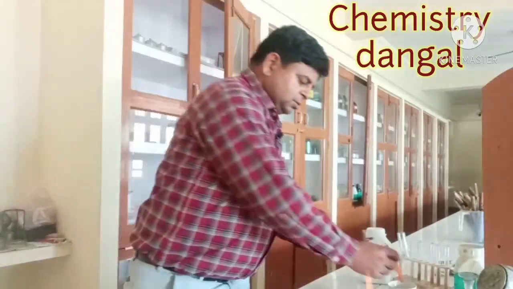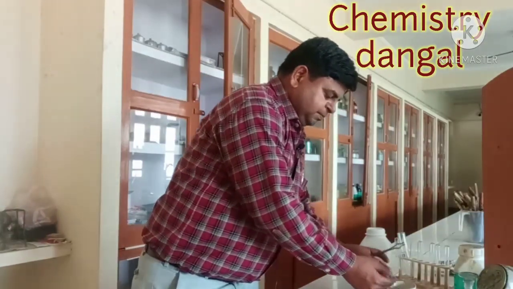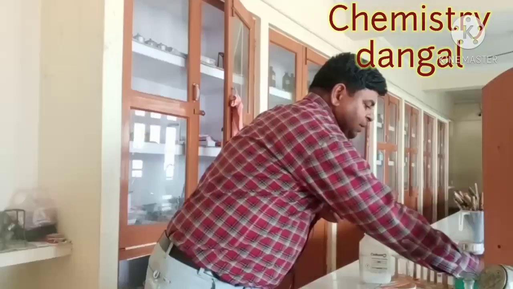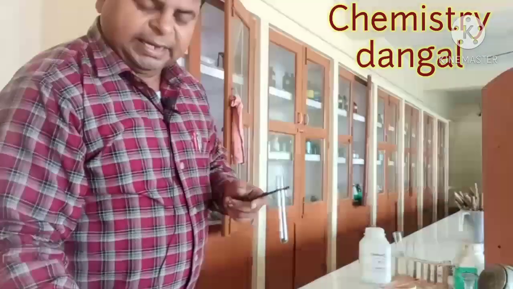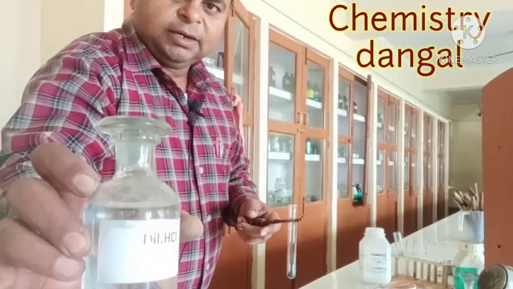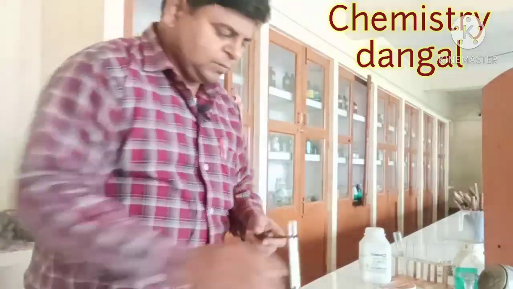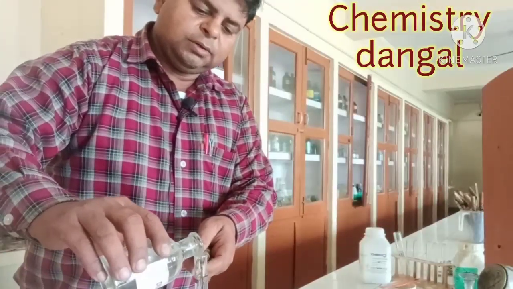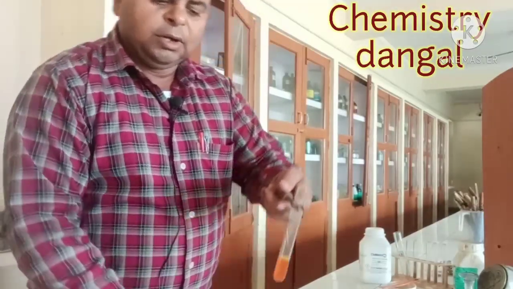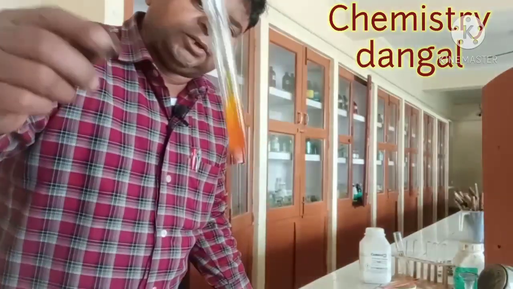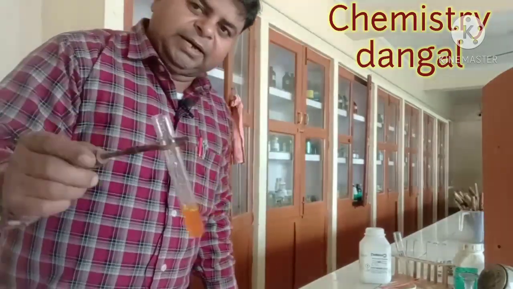First of all, take a small amount of the salt in the test tube and then add dilute HCl. On addition of dilute HCl, it is observed that the salt is dissolved but no precipitate is formed.